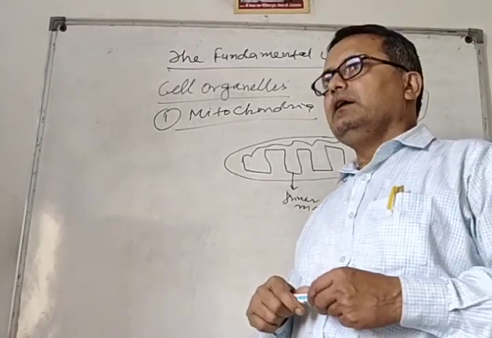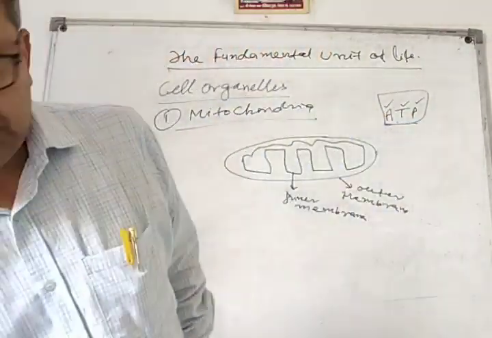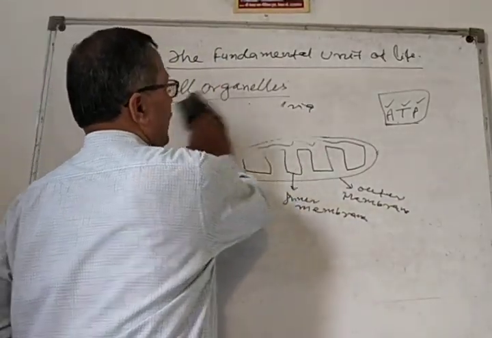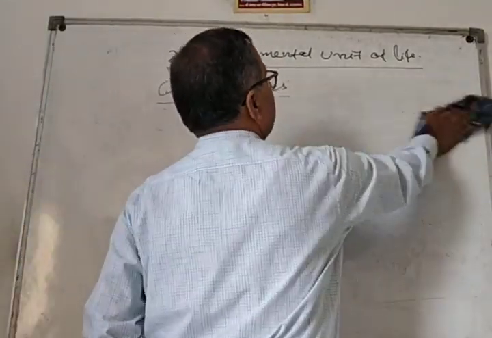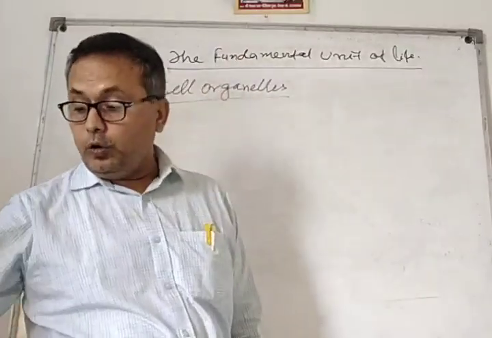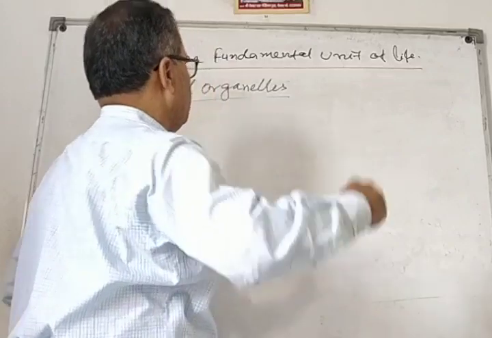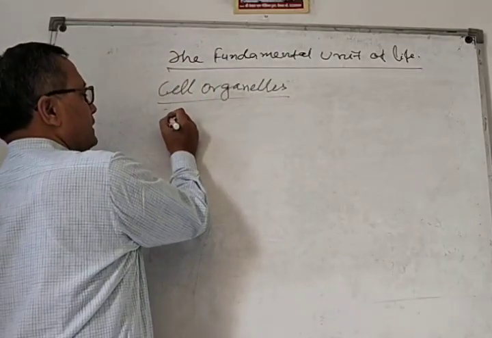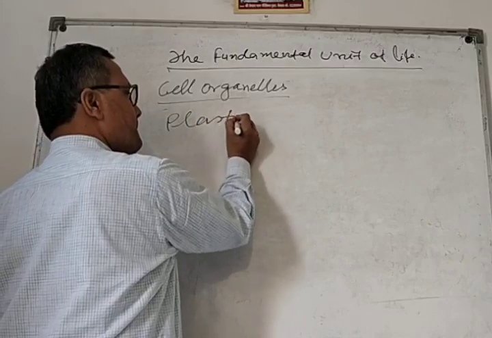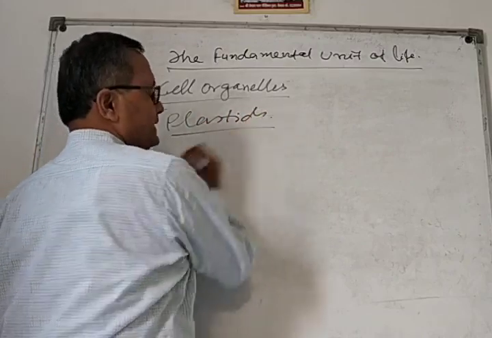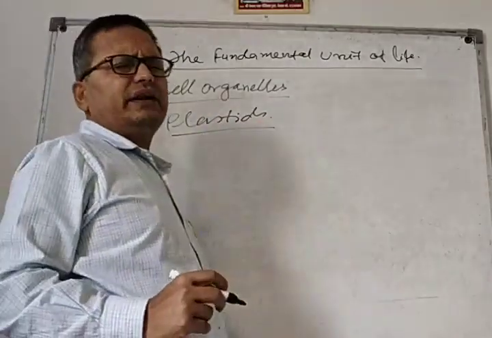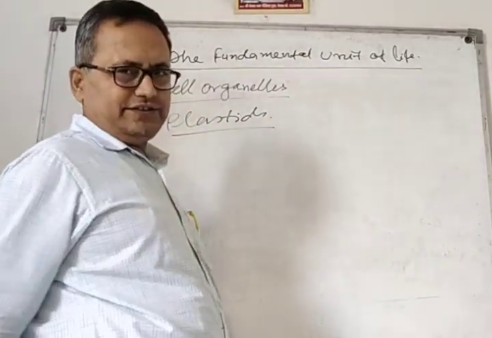And the next organelle is plastids. Plastids are also important organelles, but they are present only in plant cells. Plastids are broadly of two categories.